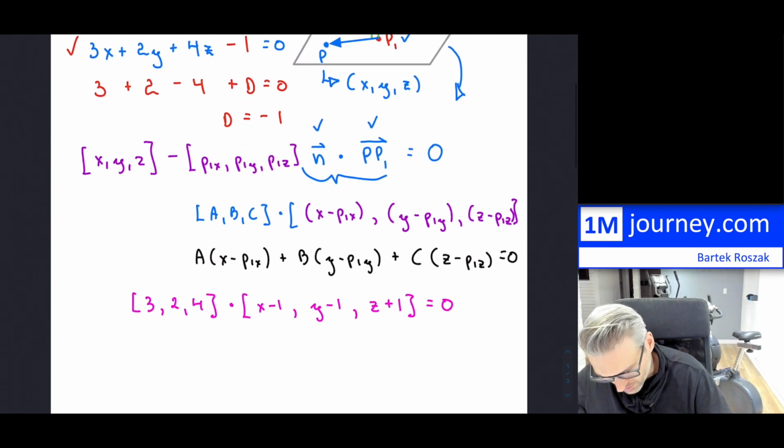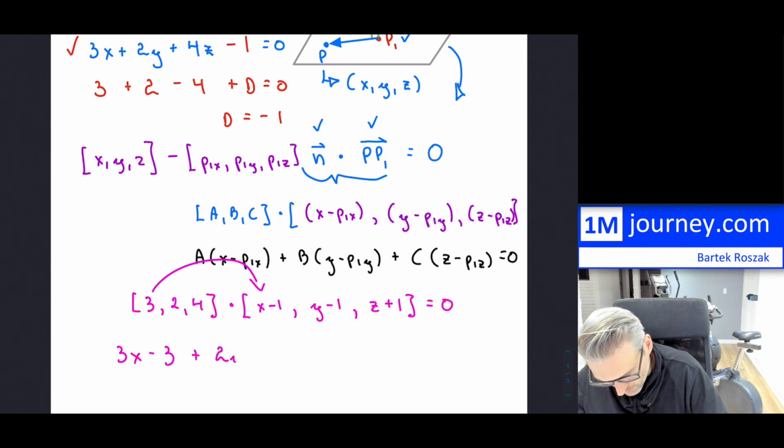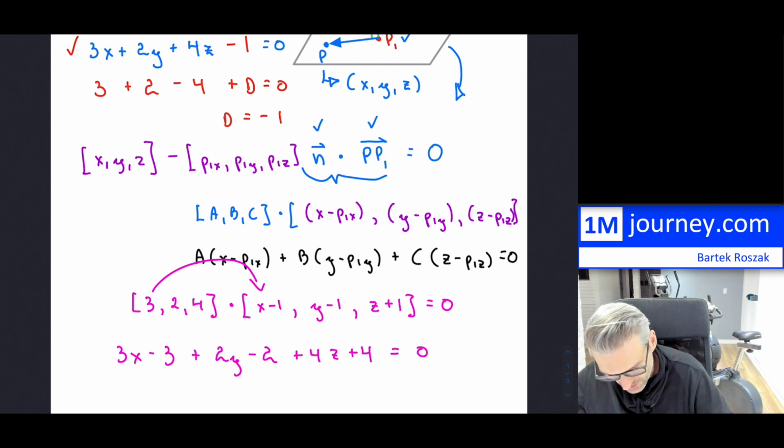So now notice what's going to happen. This is going to be just now 1 by 1. So I'm going to do this first. So it's going to give me 3x minus 3. I'm going to now do the other one, so second, it's going to be 2, so that's going to be 2y minus 2. And then finally the 4, so plus the 4z plus 4 is equal to 0.